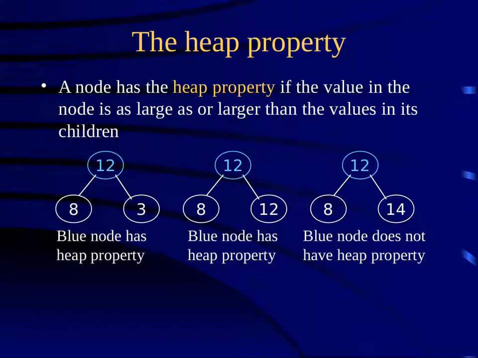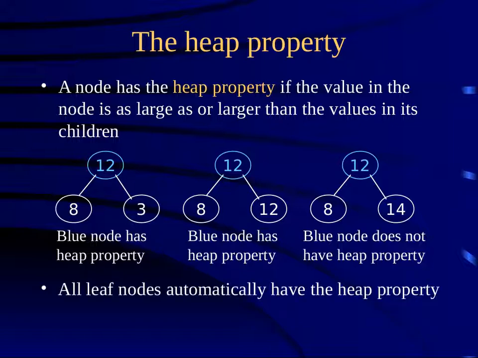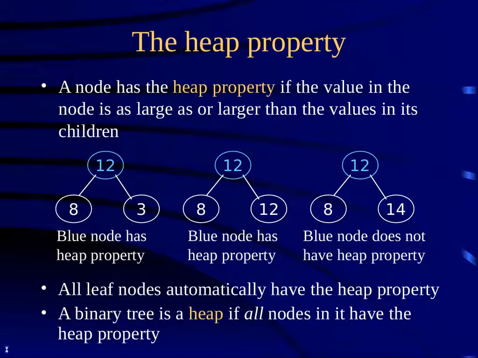This does not have the heap property because 14 is greater than 12. How could you fix this so it would have the heap property? Swap the 12 and the 14. Everyone see that? All right, great. Naturally, all leaf nodes automatically have the heap property because they have no children. So a binary tree is a heap if all the nodes have the heap property. All right, so every node has to be greater than its children.